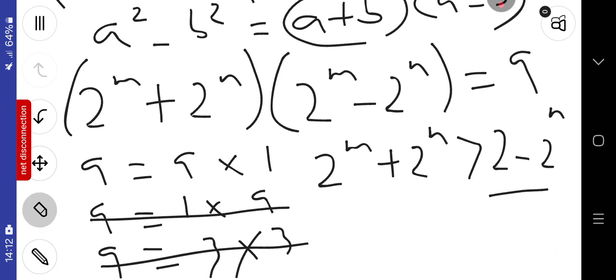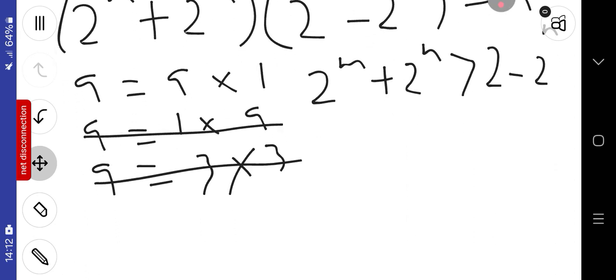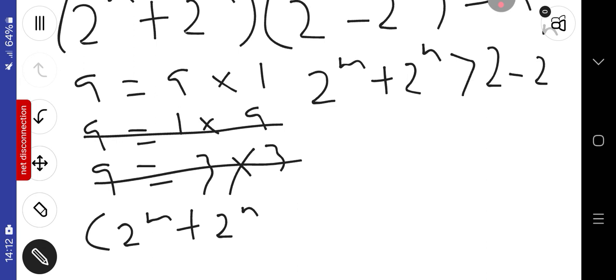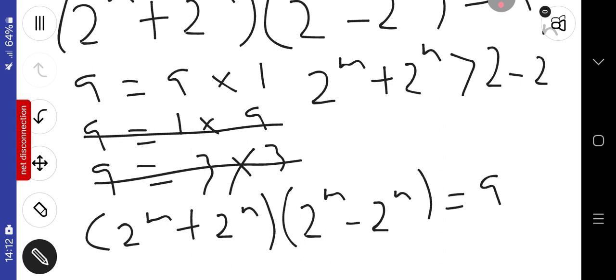So we are left with 9 times 1. So we are going to have 2 exponent m plus 2 exponent n multiplying 2 exponent m minus 2 exponent n is equal to 9 times 1.